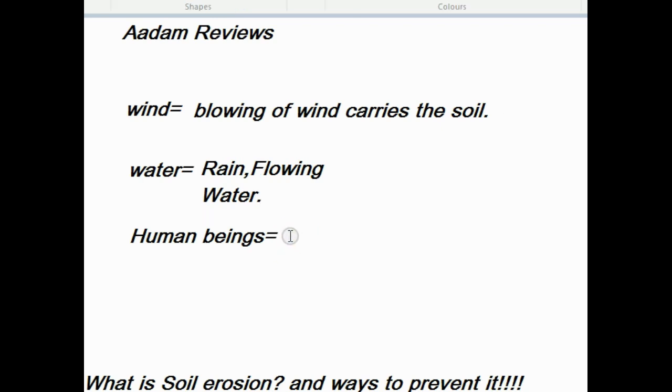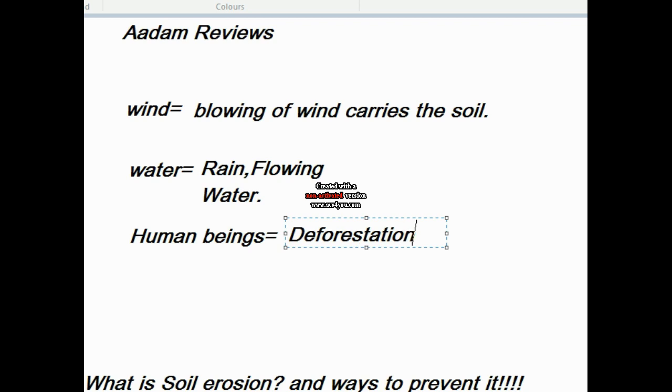Now let's get into the concept of human beings. This is the most confusing part. You all must be thinking, how can human beings do this? Human beings do this by a process known as deforestation.